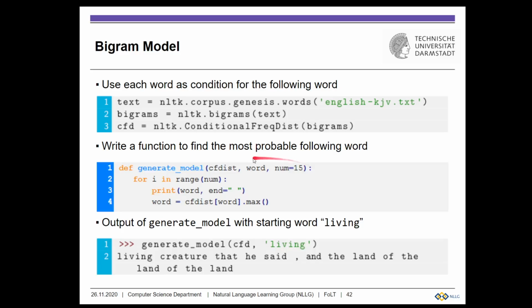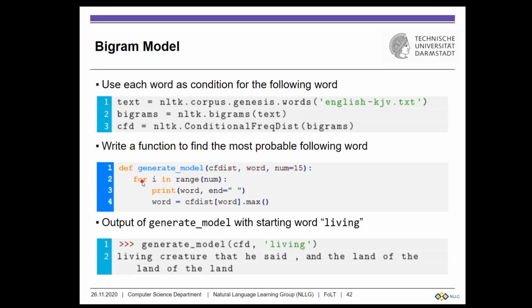Good. So here's the generate model. It finds the most probable next word given some initial word. And actually it's doing a little bit more. It's doing this a number of times.